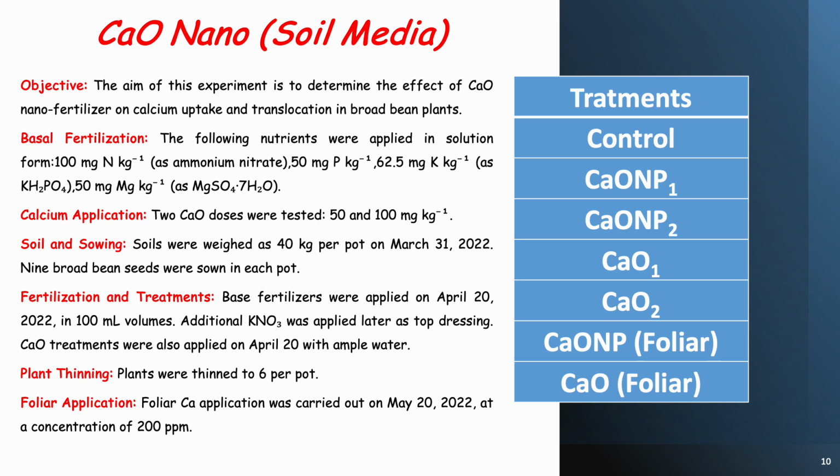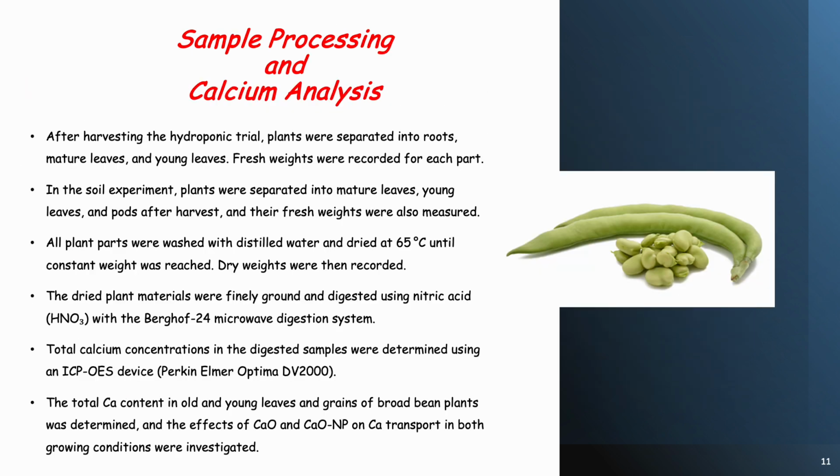In total, I had 7 treatments: a control group, 2 calcium oxide nanoparticle soil doses, 2 calcium oxide soil doses, and a foliar application for each form. This design allowed me to compare both the doses and the application method.